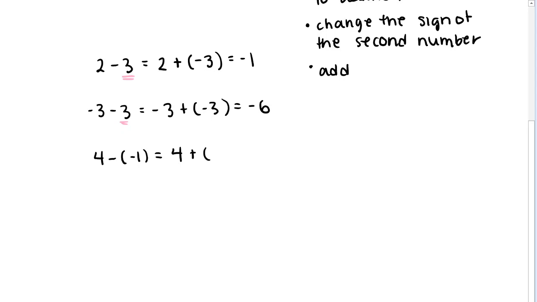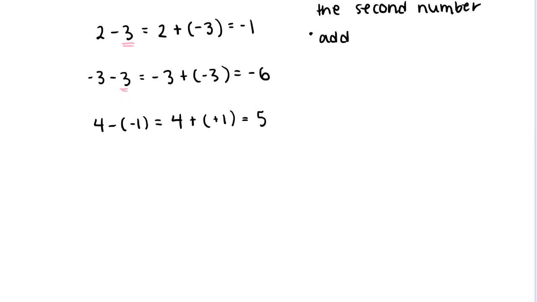Well, the opposite of negative 1 is positive 1. And so here I just wrote the second plus sign here. It's not meant to be an operation. It's meant to tell us the sign of this number. It's a positive 1, not a negative 1. 4 plus 1 is equal to 5. And so we added on the opposite of the second number. And the opposite of negative 1 is positive 1. And so 4 plus 1 is equal to 5.